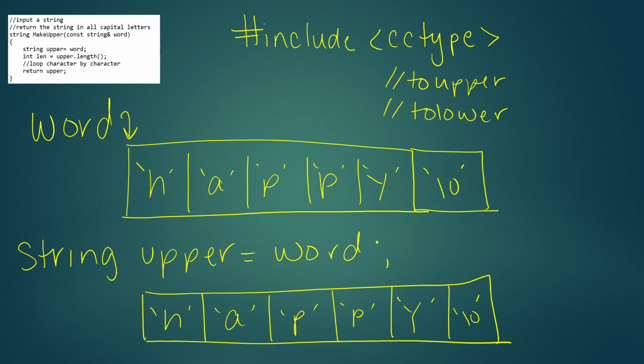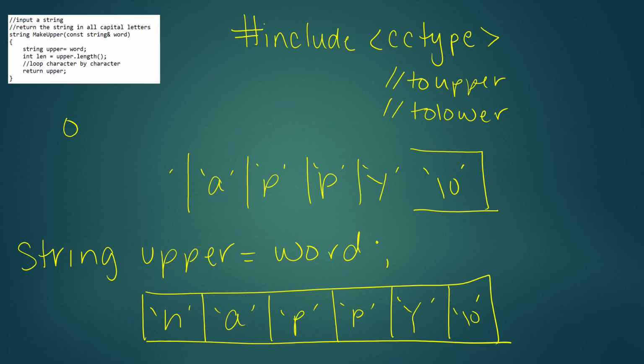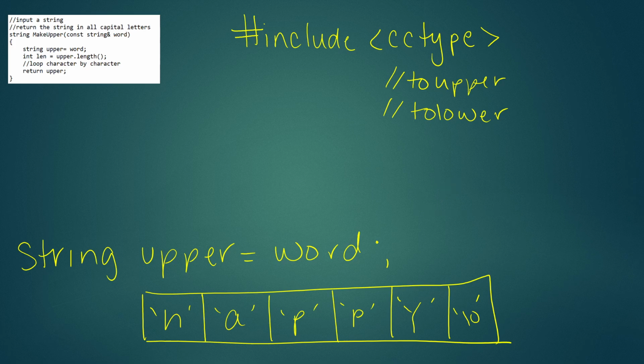That is also a string. And then all you need to do is get the length. So this is our original word, where I'm going to erase here so I have space to do the copy. So we're going to loop around.